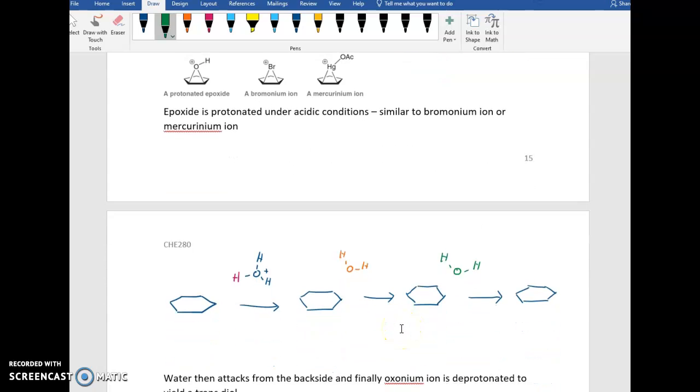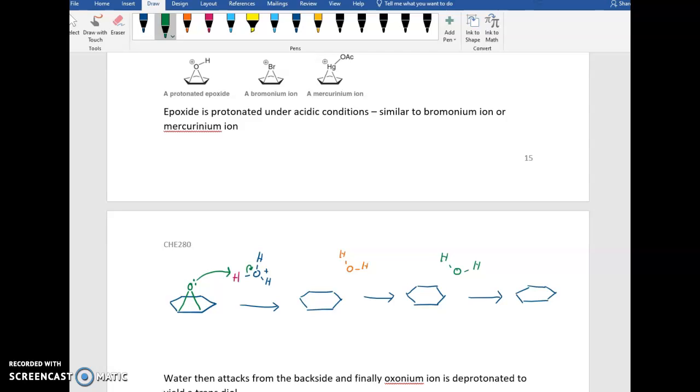So here we've got our epoxide. And here we have an acid. This is an acid catalyzed reaction. The electrons here are going to be attracted to that proton, and then the electrons joining the proton to the oxygen will go back and live on oxygen.